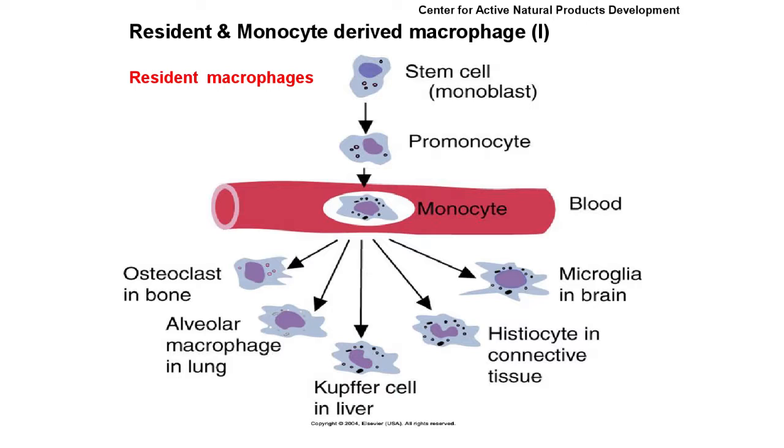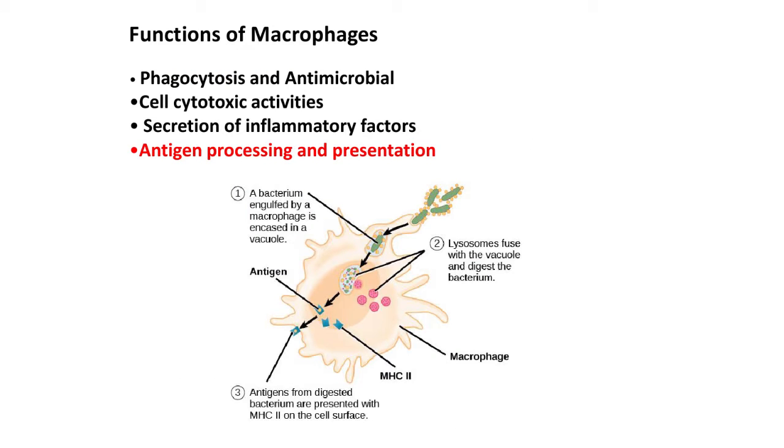So in brain, in liver, in lung, in bone, all well established already. Mentioned previously, they perform antigen processing and presentation, release inflammatory factors, and cause cell cytotoxic activity. And usually we talk about phagocytosis and antimicrobial activity.